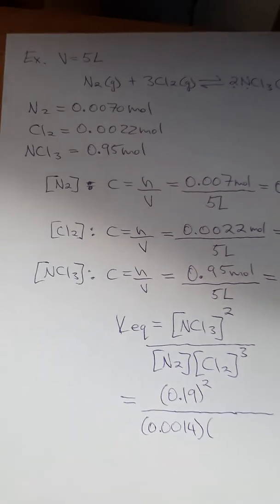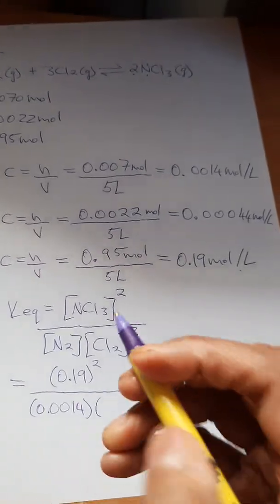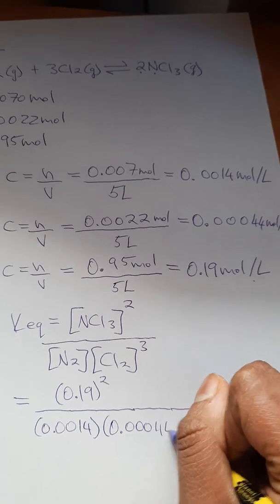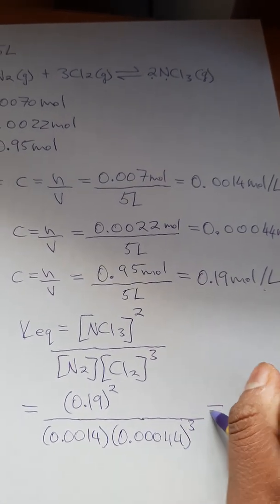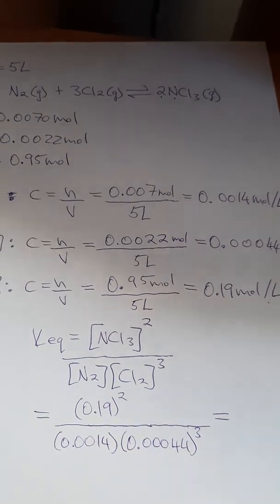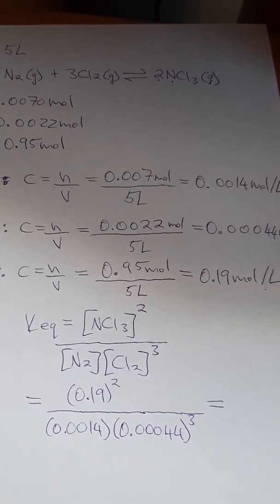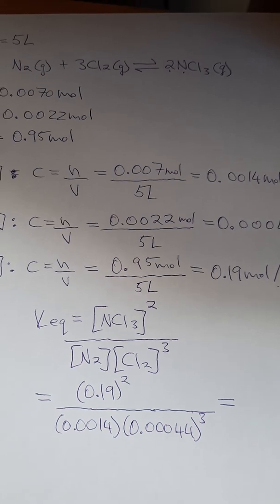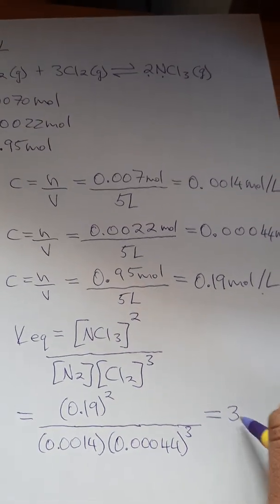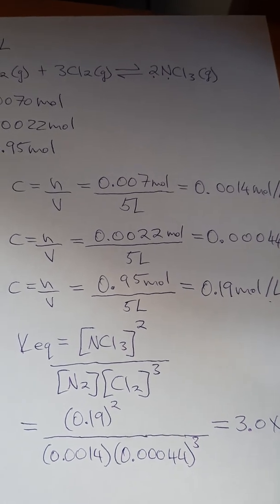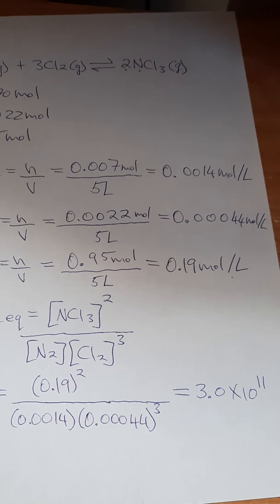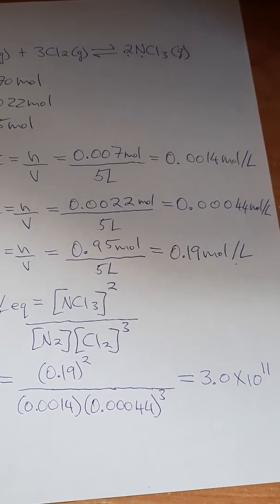And then times the chlorine, which is 0.00044 to the power of 3. Make sure you don't forget to put the powers down here. You can put this directly into your calculator, and what we're getting is 3.0 times 10 to the power of 11. Does everyone see that?